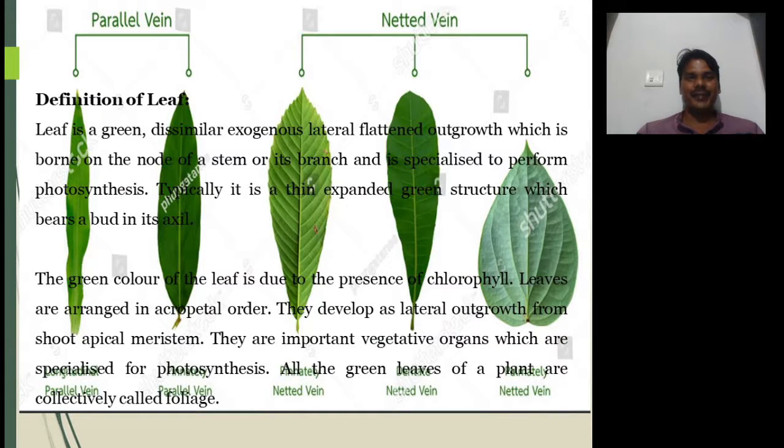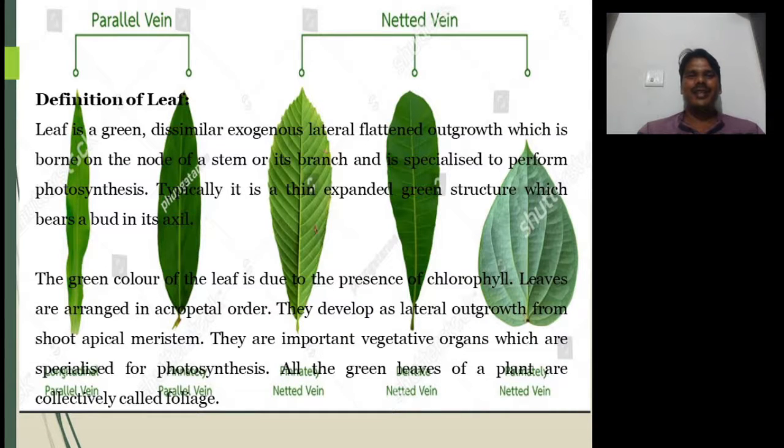Typically it is a thin, expanded green structure which bears a bud in its axil. So the leaf is borne on the nodal region of the stem and its main function is photosynthesis.